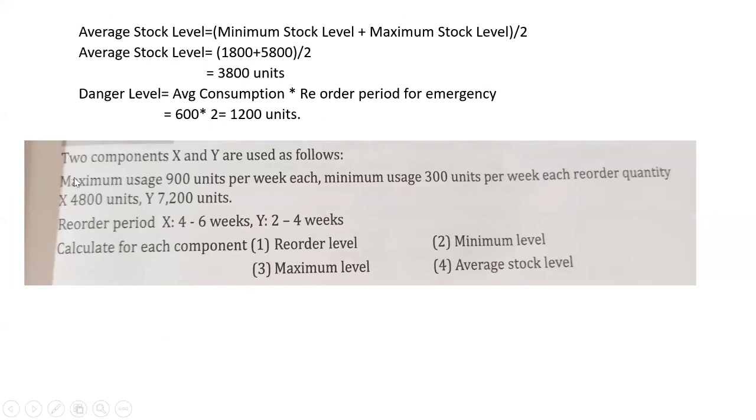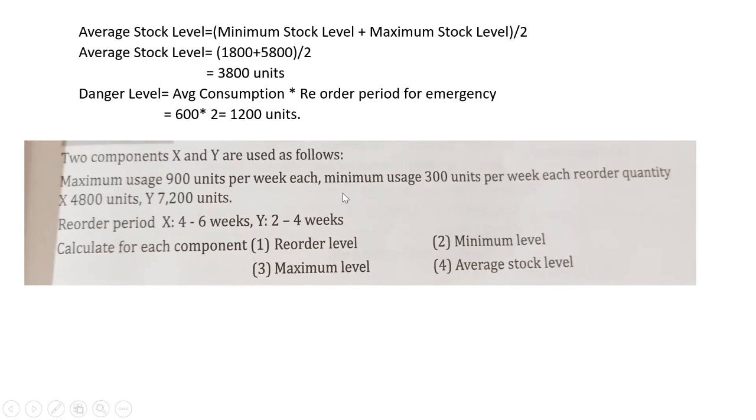See here, 2 components X and Y are used as follows. Maximum usage is 900 per week each. Minimum usage 300 per week each. Each means X and Y. X maximum is 900, X minimum is 300. Y maximum is 900, Y minimum is 300.